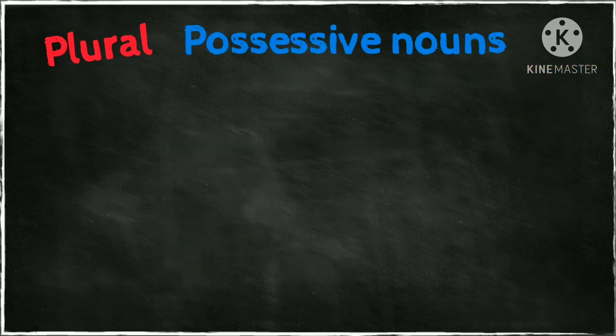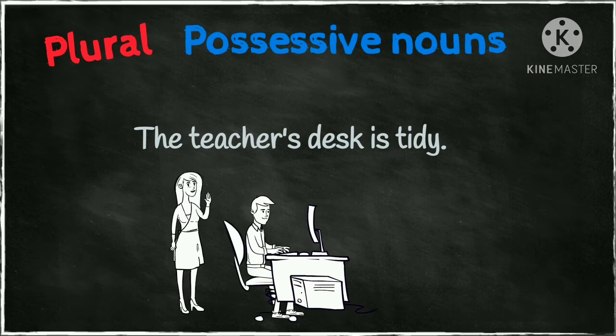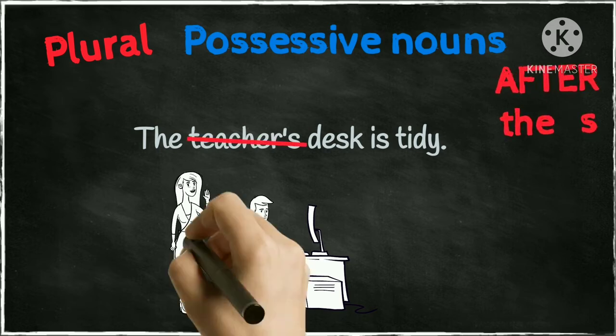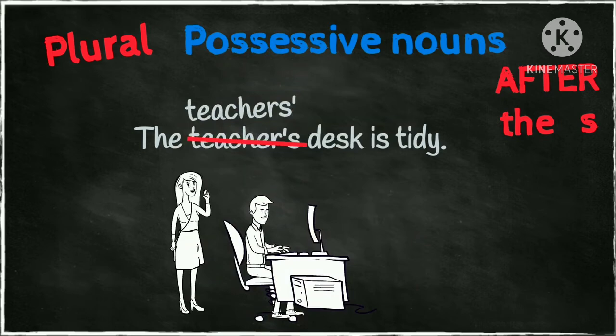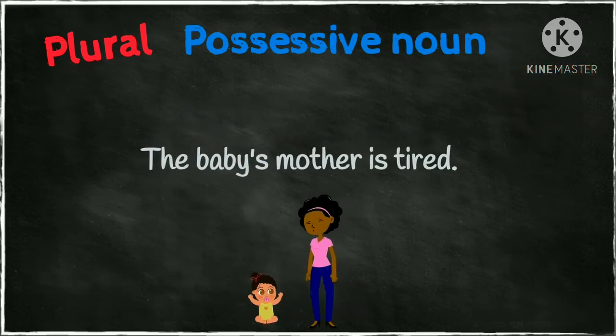Now let's go back to the sentence, the teacher's desk is tidy. If the desk belonged to more than one teacher, we would need to place the apostrophe after the S to show it is a plural possessive. The teachers' desk is tidy. The third sentence was, the baby's mother is tired.